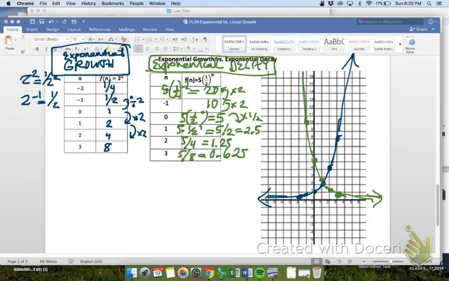We're going to formalize our understanding of an exponential growth versus decay function and what the difference is in terms of the equation.